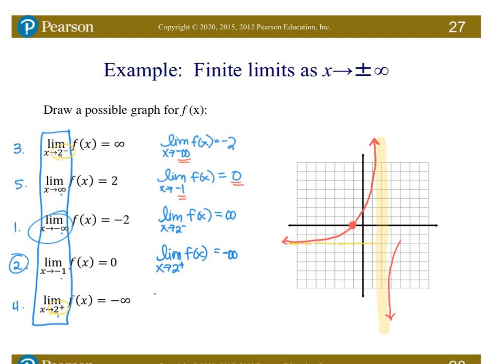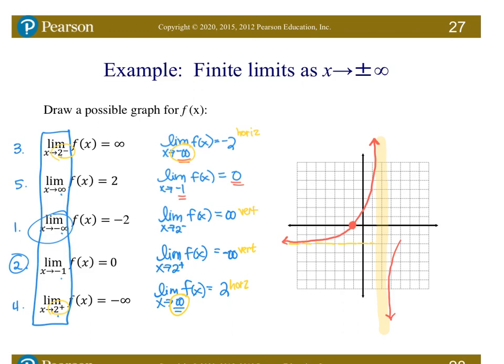And then the last one, limit as x approaches positive infinity of f of x equals 2. When you approach positive infinity and you get a number, that's another horizontal asymptote. So this one was horizontal. This one is also horizontal. This is vertical. This is vertical. Look at where the infinities are, right? If the infinity is in the x approaching, that'll make a horizontal asymptote.